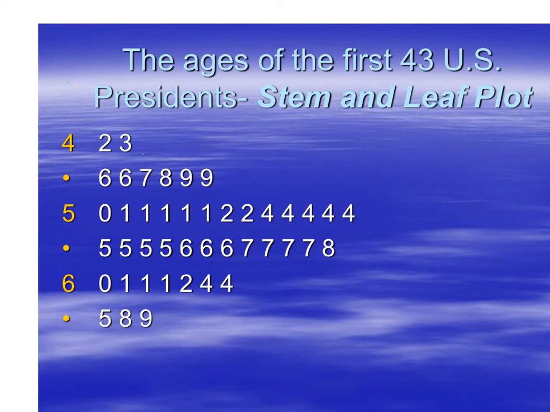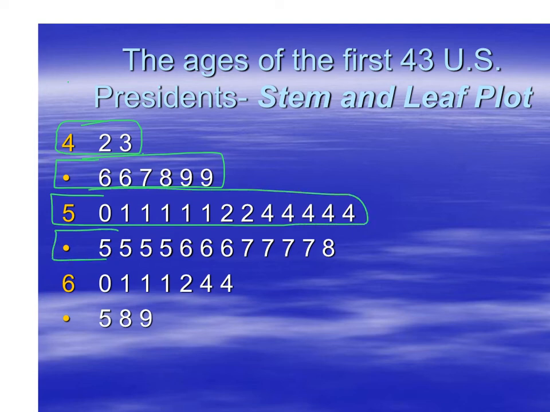So these 2 numbers represent anything from 40 to 44, and this would represent all of them from 45 to 49. These would be from 50 to 54, and then 55 to 59. So it's a good way when you have several numbers to kind of split those up a little bit.